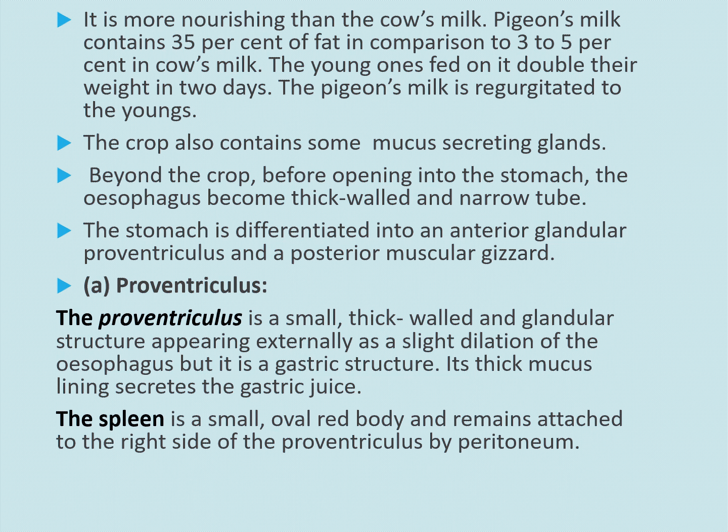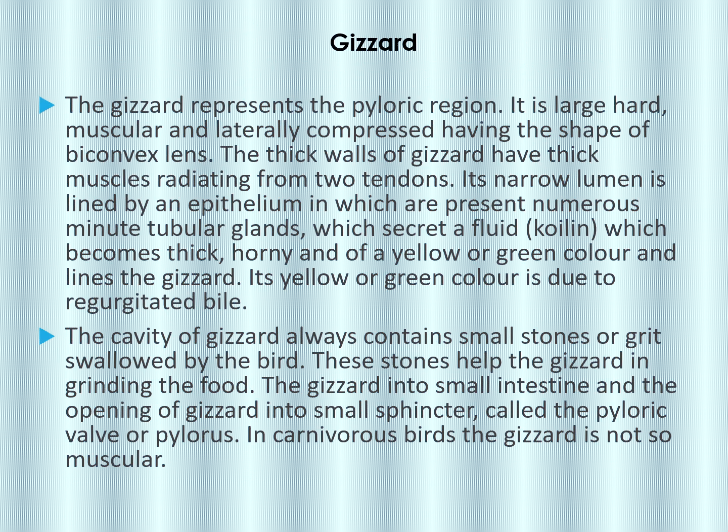The proventriculus is a small, thick-walled and glandular structure appearing externally as a slight dilation of the esophagus, but it is a gastric structure. Its thick mucus lining secretes the gastric juice. The spleen is a small oval red body and remains attached to the right side of the proventriculus by the peritoneum.